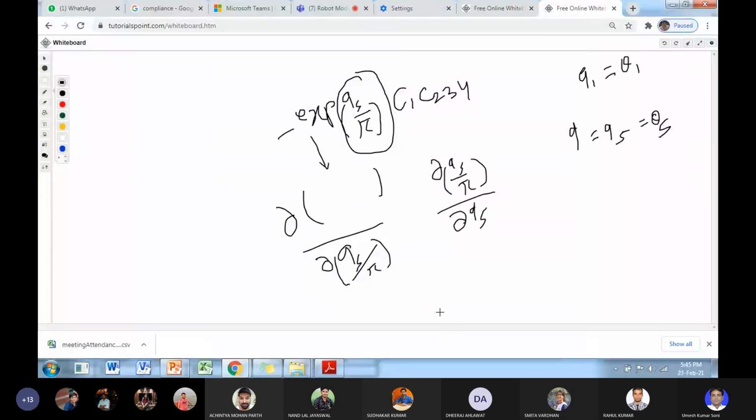Then what will be the value? 1 upon pi will be additionally multiplied by this term and exponential of Q5 by pi and C1.